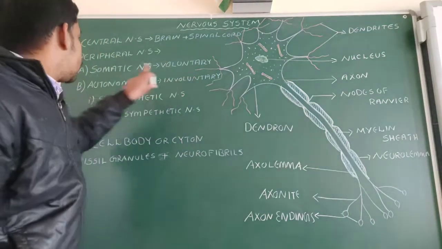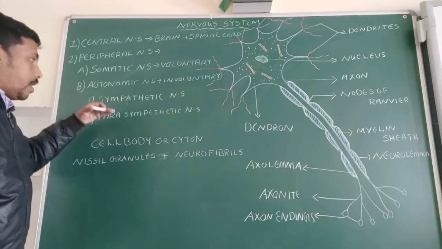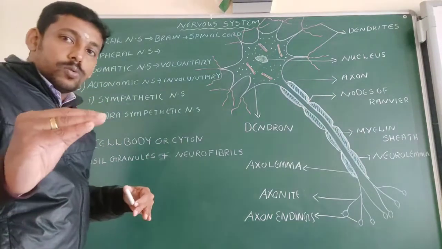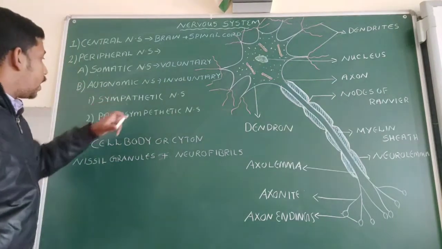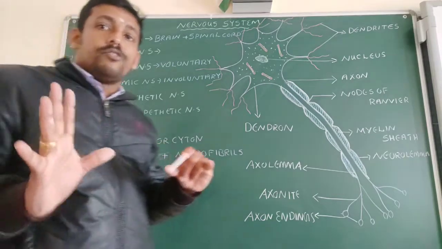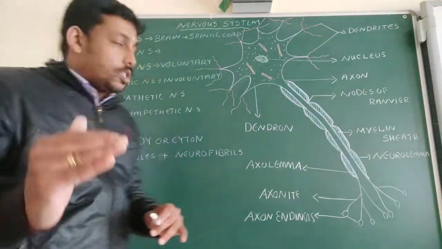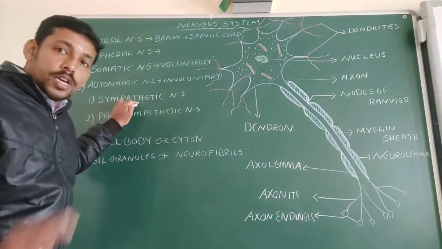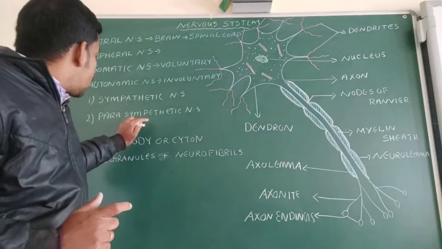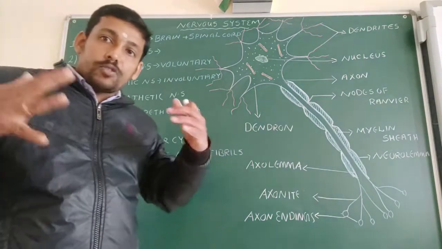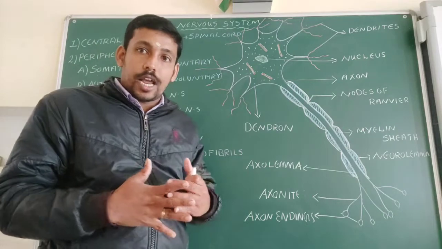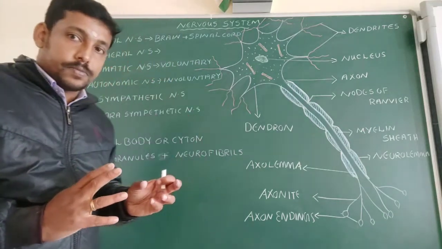This autonomic nervous system again has two areas, the sympathetic and parasympathetic nervous system. The actions of sympathetic and parasympathetic are just opposite. Understand? Their actions are opposite.